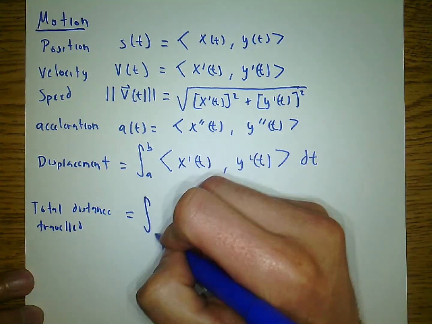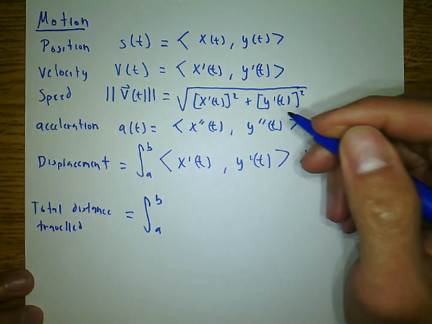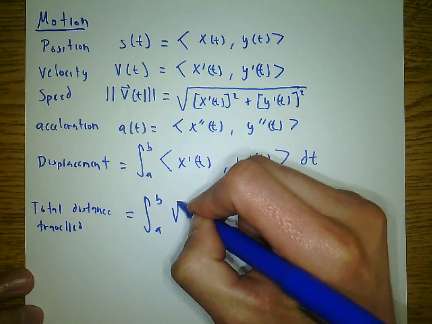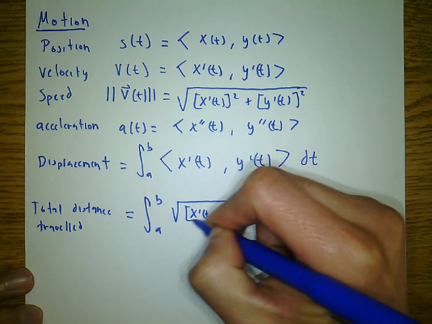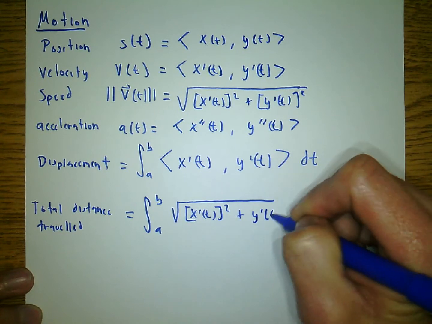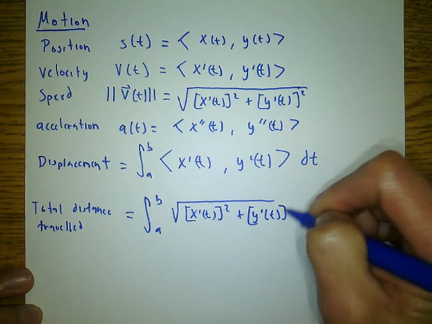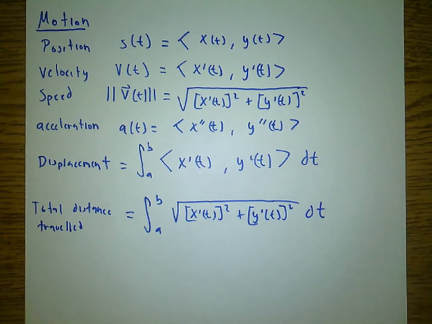Very good. So you're going to take the integral from a to b of the speed, which in this case is the square root of x prime squared plus y prime squared dt. All right, any questions about anything that's on the page before we jump into doing some examples?